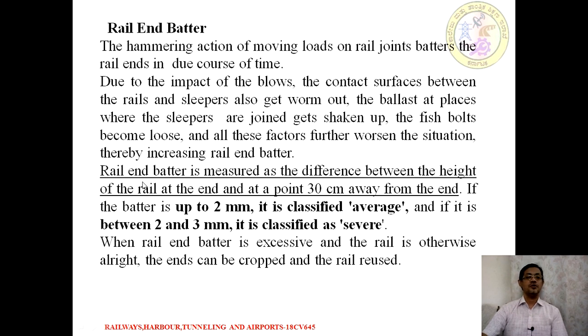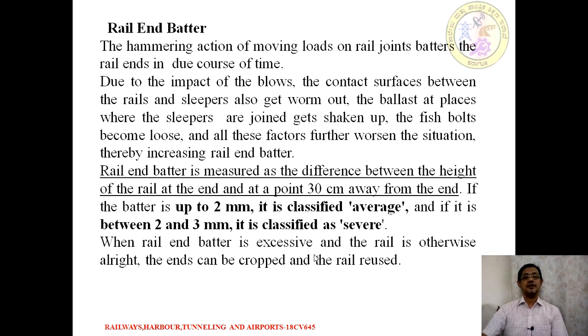How do we measure the rail end batter? It is measured as the numerical difference between the height of the original rail and the height measured at a point 30 centimeters away from the end. If the batter is up to 2 mm, we say the rail end batter is average, but if it is in the range of 2 to 3 mm, we classify it as severe.